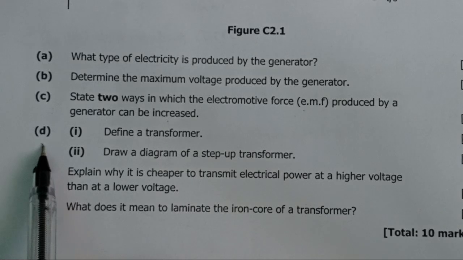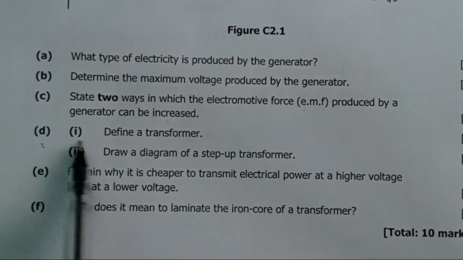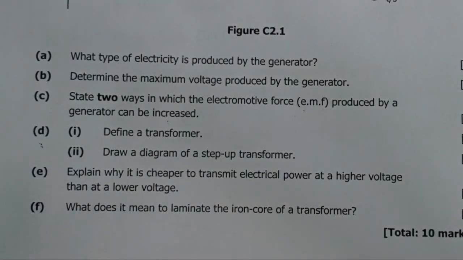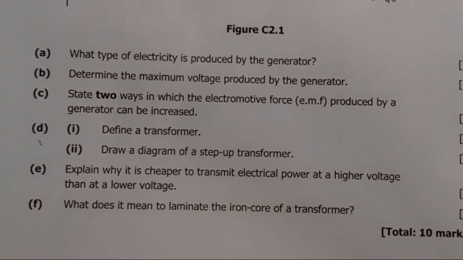Part D, part D1, define a transformer. A transformer is a device that varies the voltage of an alternating current supply. That is what we call a transformer.